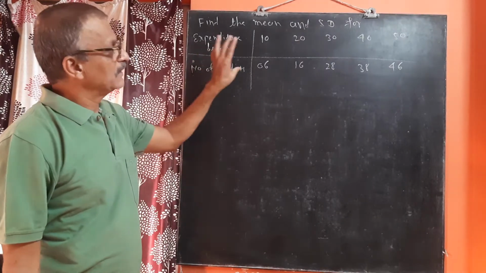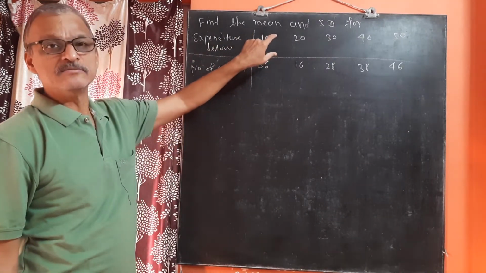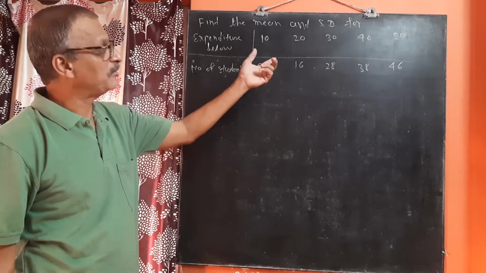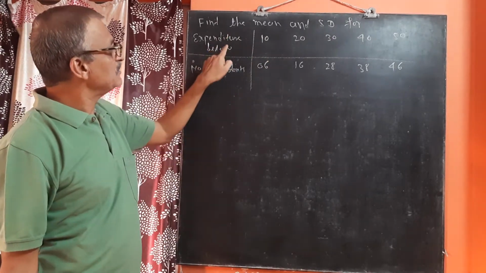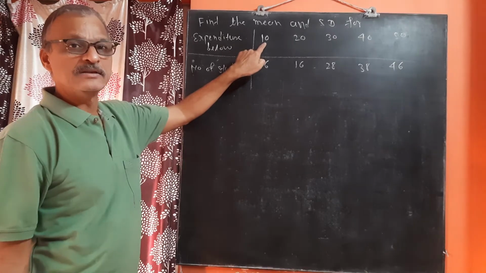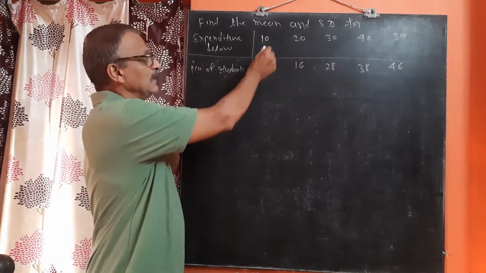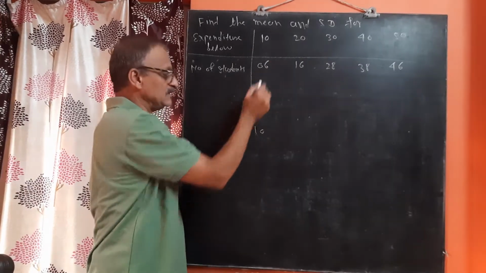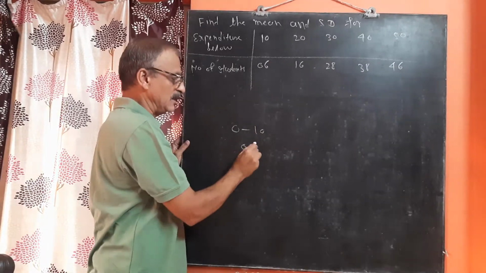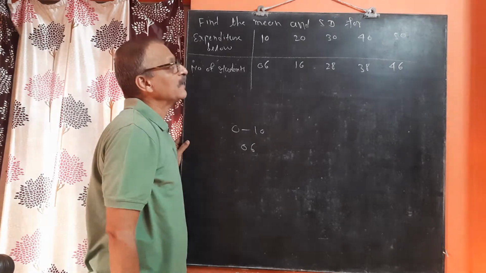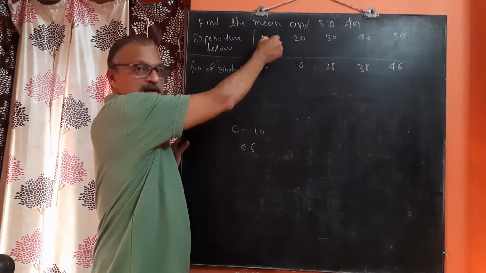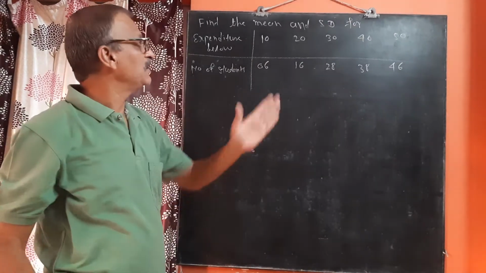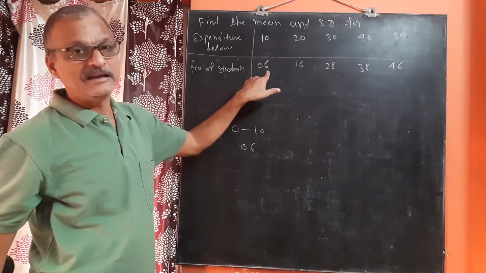Now see, here there are some little changes. This is a little tricky problem. Expenditure below 10, that means from 0 to 10 there are 6 students. Expenditure below 20: the students spending below 10 rupees are 6.